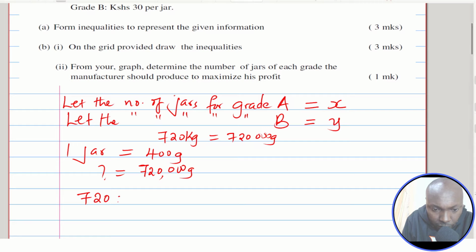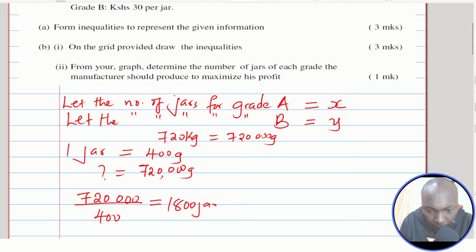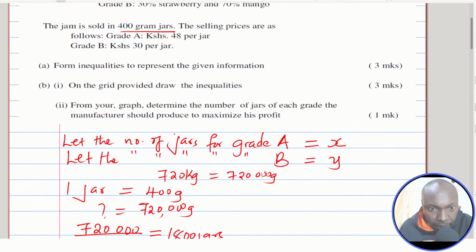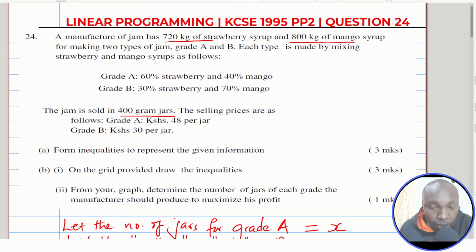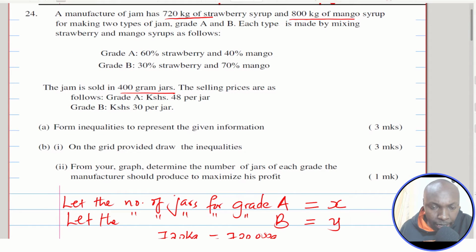720,000 divided by 400. When you work this out using a calculator, you get 1800 jars. So 720 kg of strawberry will produce 1800 jars. Now in mixing, we first consider the strawberry for both grade A and B, and then we go to the mango.